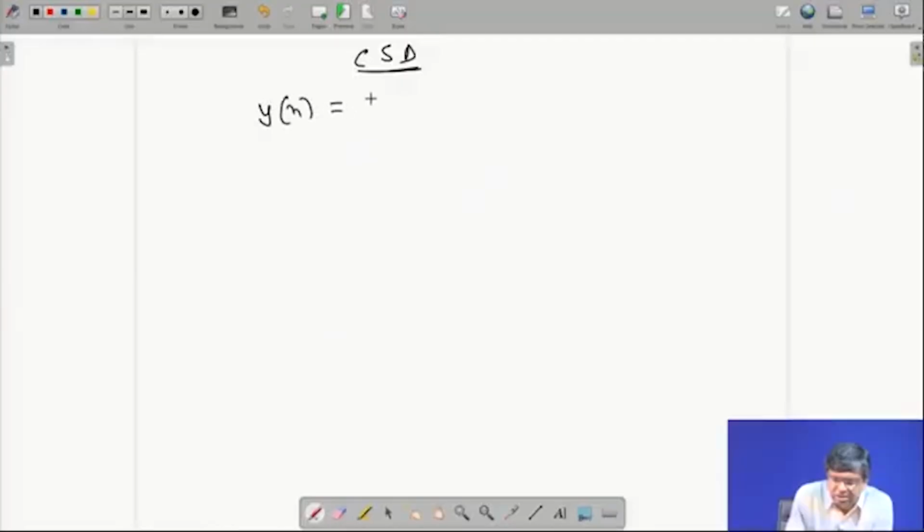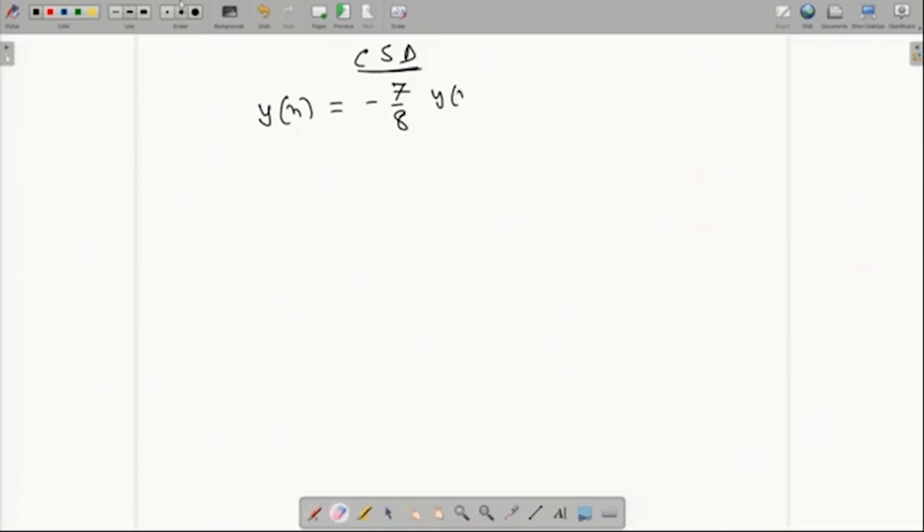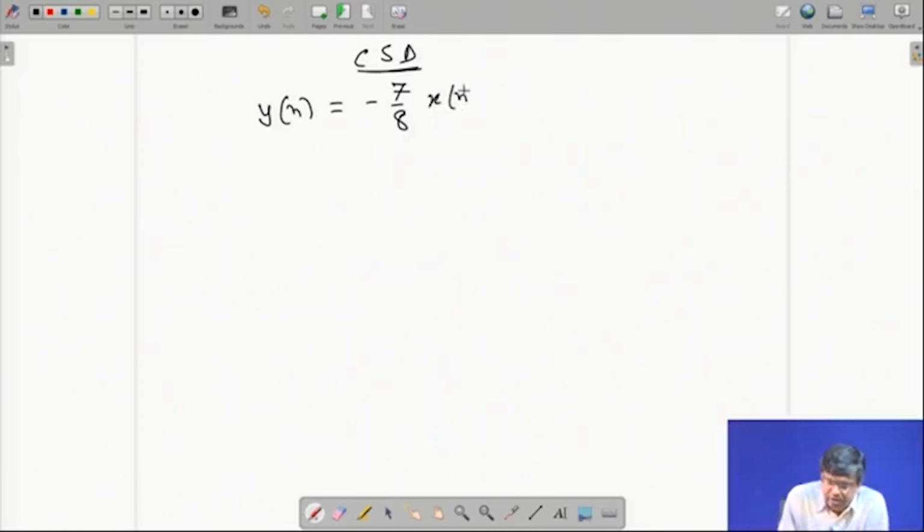One such example is, suppose the output y(n) is minus 7 by 8 x(n) plus half x(n minus 1).